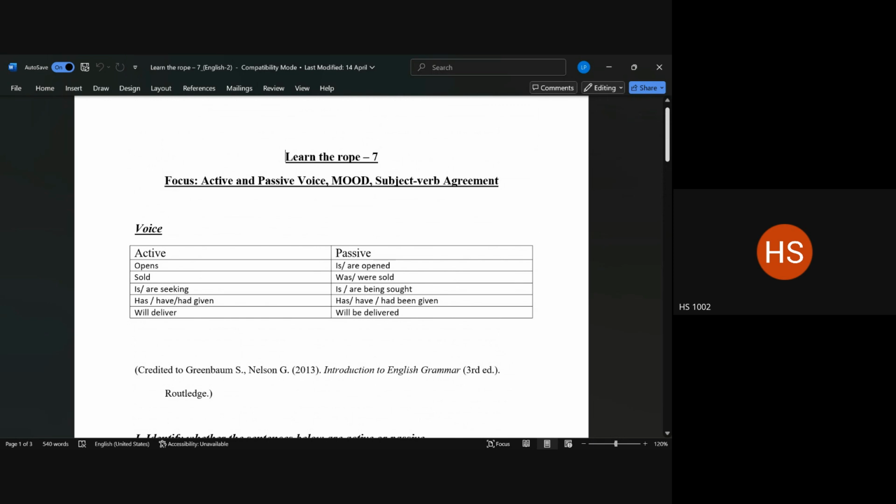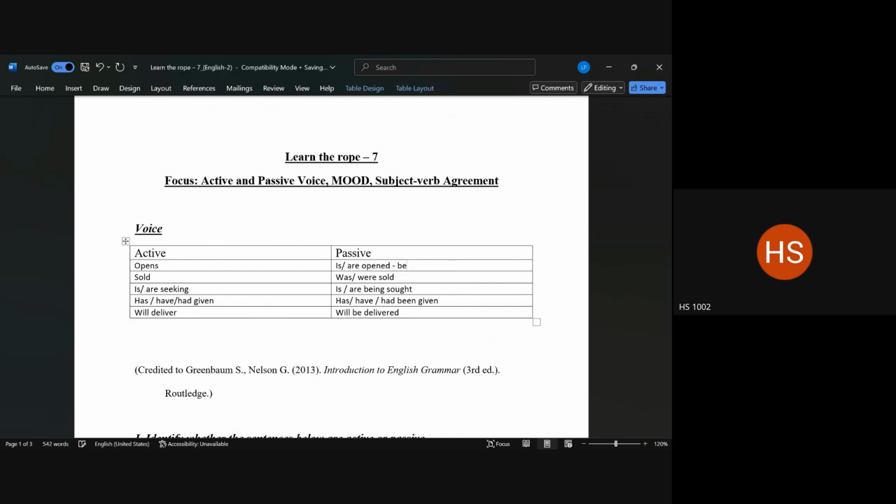So passive morphology, when applied to a verb like open, it changes to is or are opened, right? Now, what is this is or are? This is the be form of the verb plus ed. And what is this thing? This is the V3 form or the past participle form. So that is how the passive morphology in English is classified.